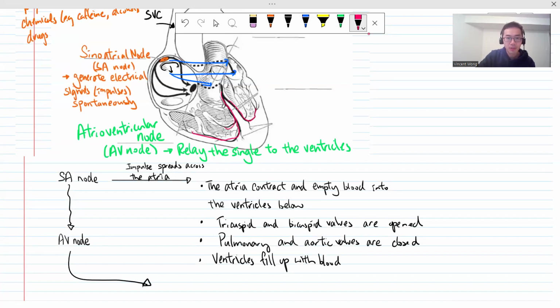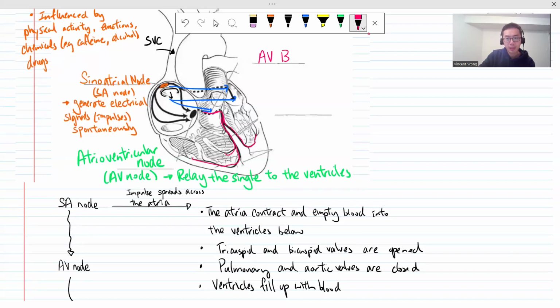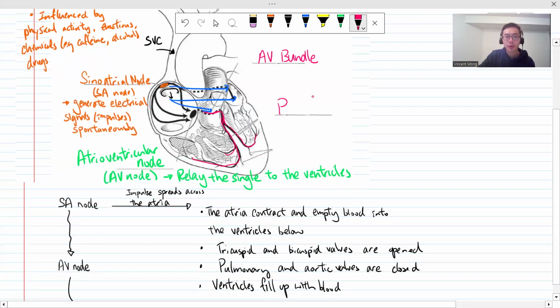All these fibers that we have over here, and you have more fibers here. These fibers up here, we call them the AV bundles, atrioventricular bundle. They're just like cables that pass it forward. And then we have more conducting fibers inside the septum, and we call them the Purkinje fibers.